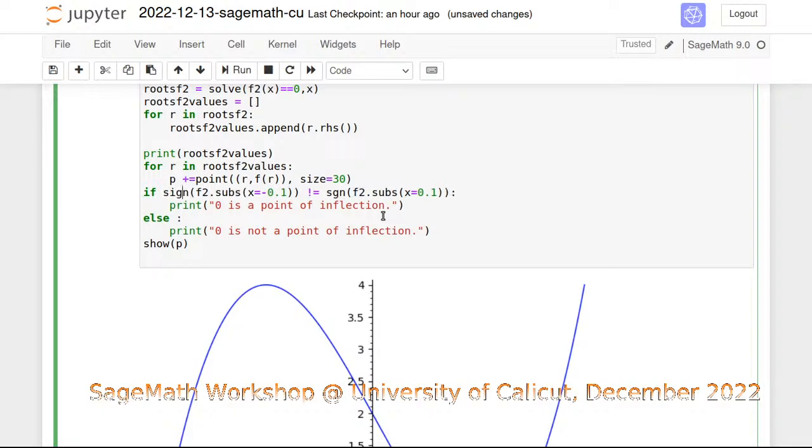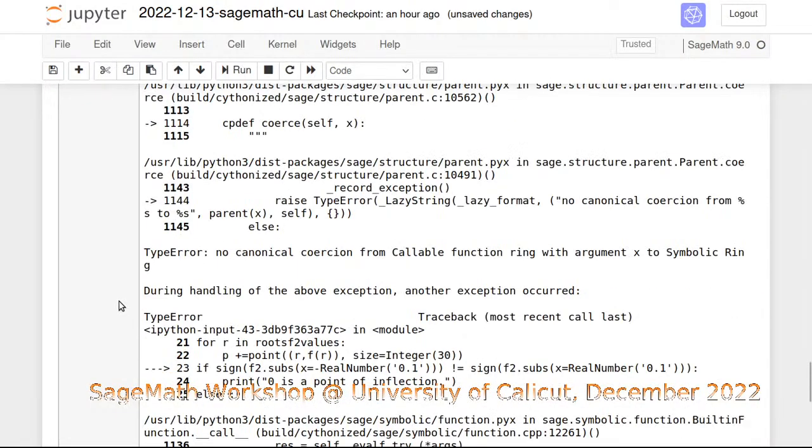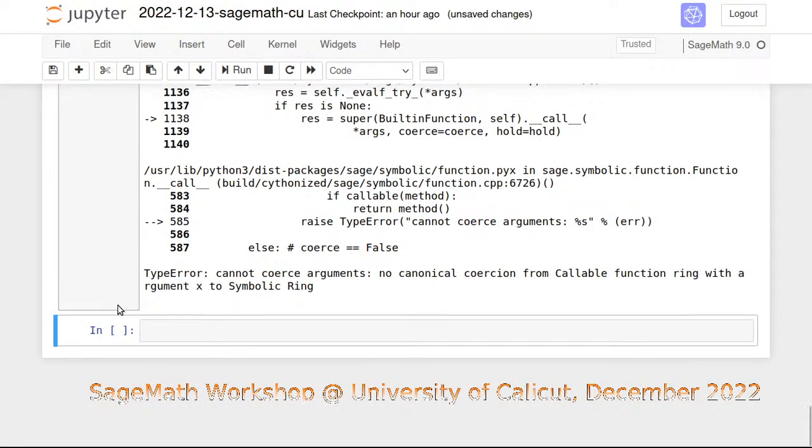For sign, should I use sign straight away? What's happening here? Okay, let me just see. No canonical coercion from function with argument to symbolic ring.